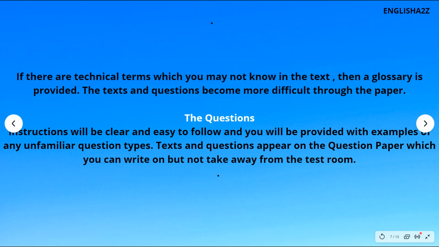If there are technical terms which you may not know in the text, then a glossary will be provided to assist you. They are not trying to catch you out. They're not trying to catch you out. The questions. Instructions will be clear and easy to follow, and you'll be provided with examples of unfamiliar question types.